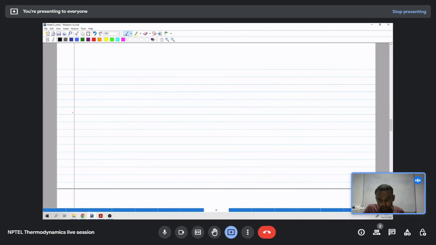So the ideal cycle efficiency is ideal turbine work divided by Qin, and for the actual cycle efficiency we have actual turbine work divided by Qin.